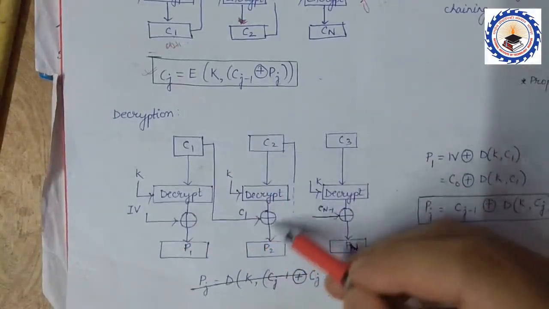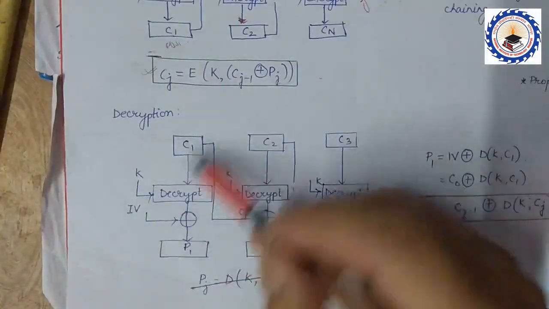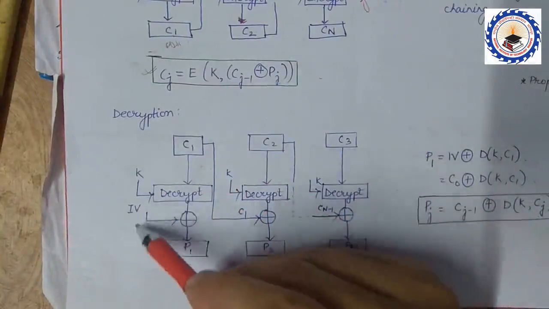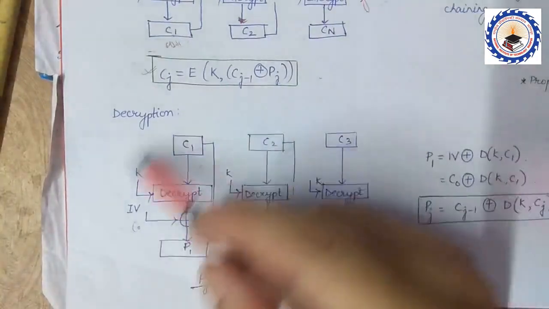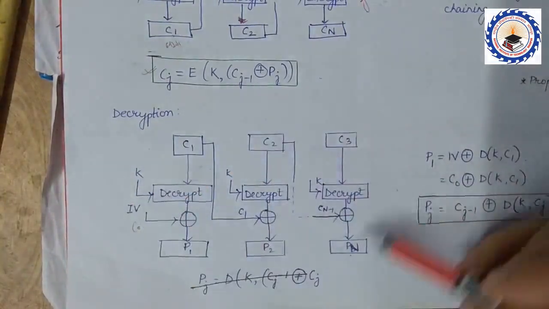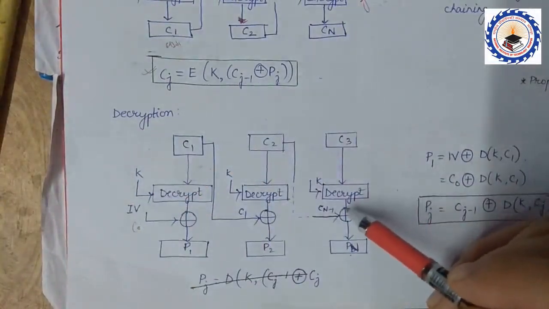For the first step, we perform the XOR operation with C0. C0 is nothing but your IV, the initialization vector. So this is how we complete the decryption method of the cipher block chaining mode.